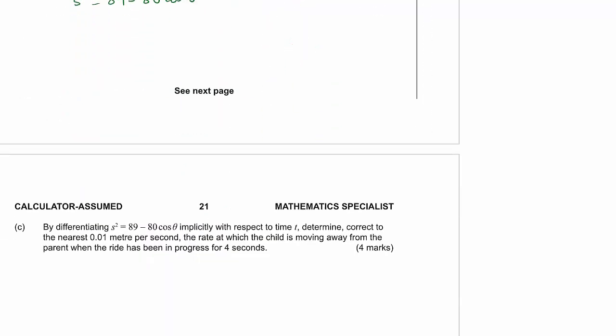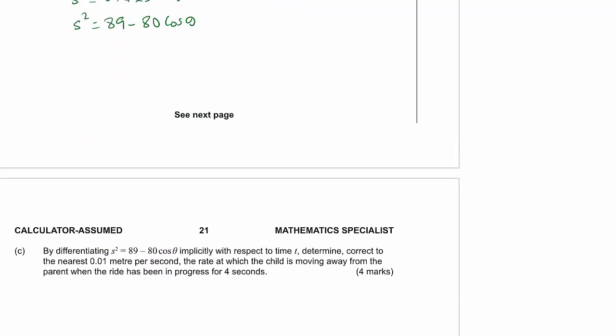So by differentiating s squared is 89 minus 80 cos theta implicitly with respect to time, determine, correct to the nearest 0.01 meters per second, the rate at which the child is moving away from the parent when the ride has been in progress for 4 seconds. So we're differentiating with respect to time, so s squared will become 2s ds dt, and it's ds dt that we're interested in finding here.